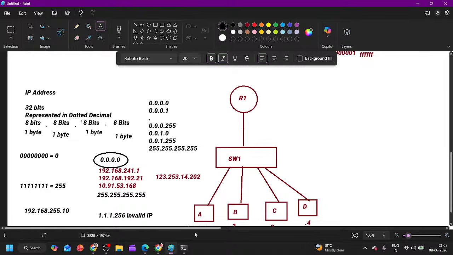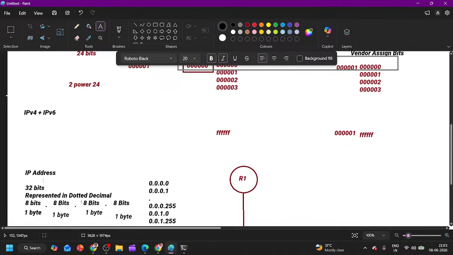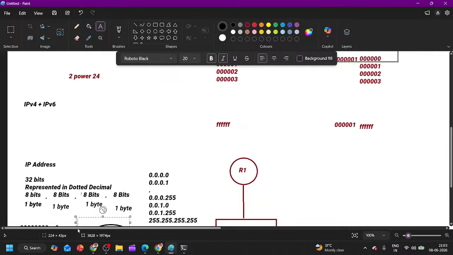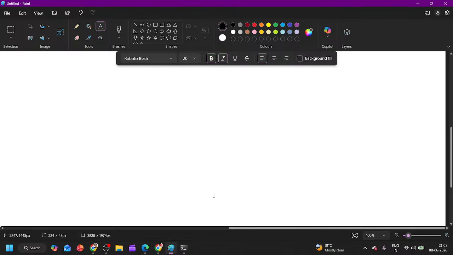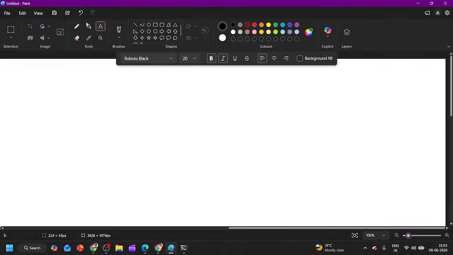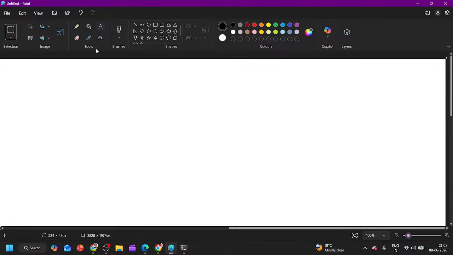Now, to reduce the shortage, what we did first was perform classification for IPv4 addressing. We have classified it.